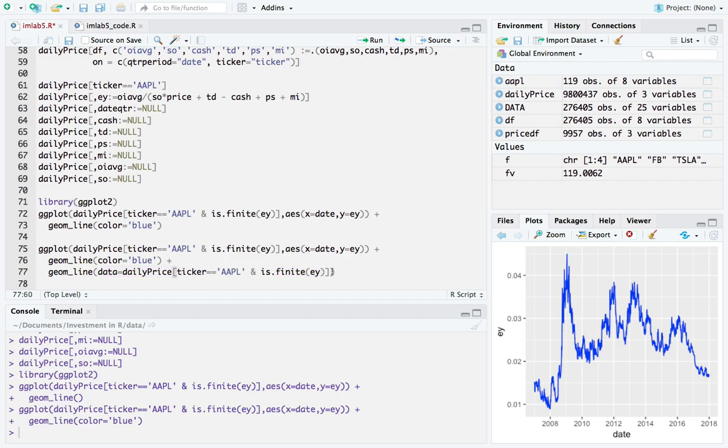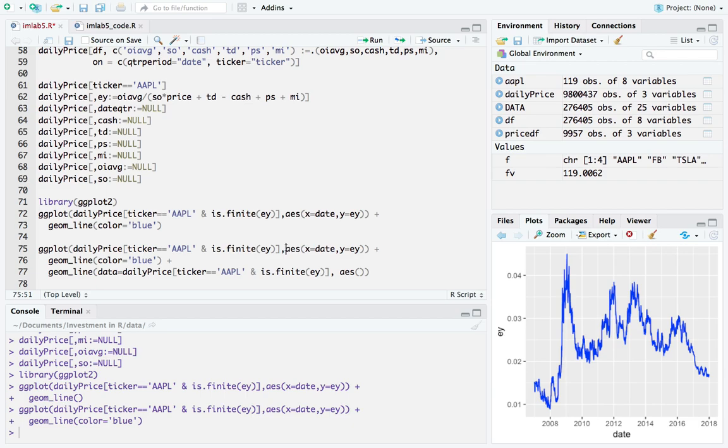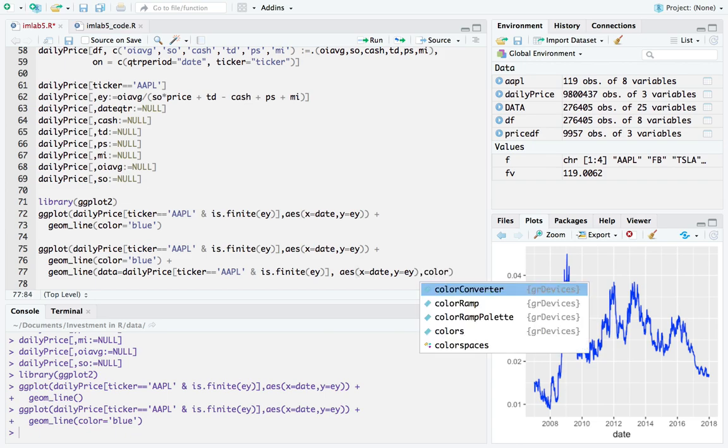And I can fill in everything else from here as well. I can put the AES directly in here. The AES is going to be the same, but I'm putting it in this graphical package. And you can see why these things are written as functions, so these functions can go into different places. All right, so the date and EY is going to be the same thing. And the color, this time I'll make it red.